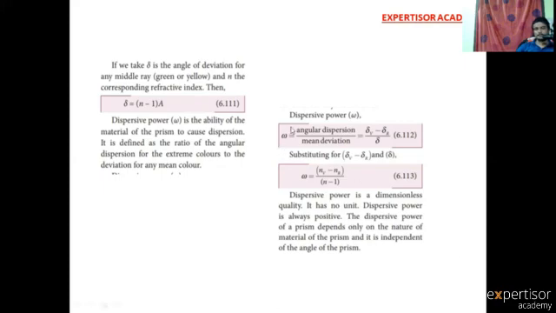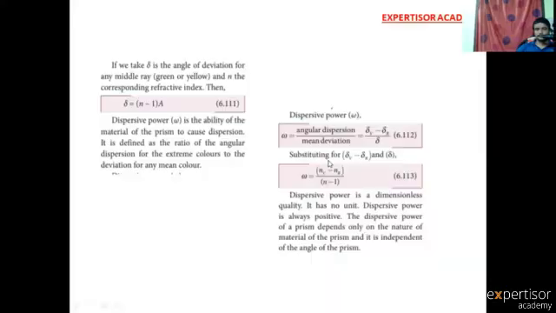So dispersive power omega is equal to the angular dispersion, that is delta V minus delta R, where these two are extreme colors, divided by the mean deviation delta.